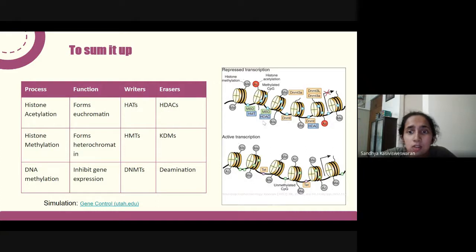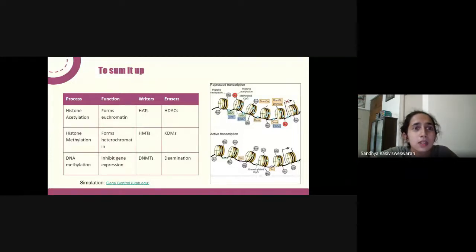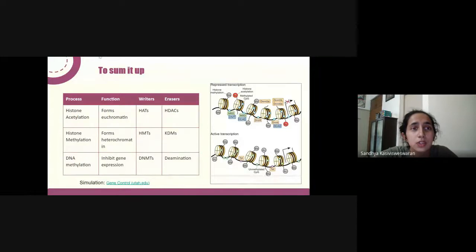And as you can see here, you have a HDAC. A HDAC is a histone deacetylase. So like I said, you have histone methylation and histone deacetylation that happen together. So this is a small simulation of this whole thing. You've seen this simulation last session. And this time you can see it with the different epigenetic modifications that might be there.